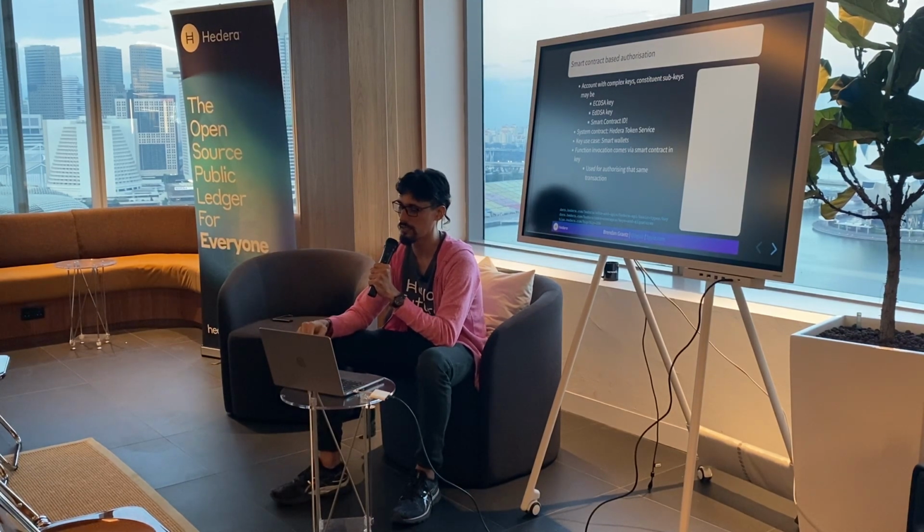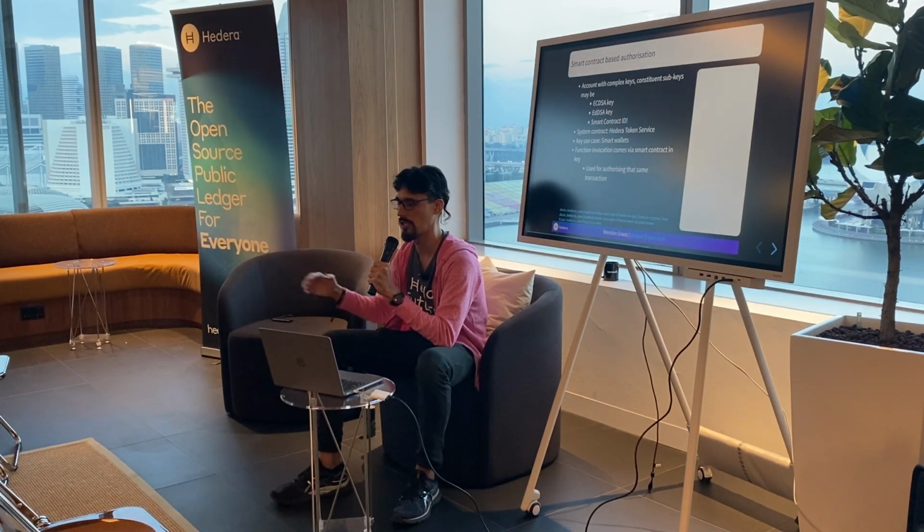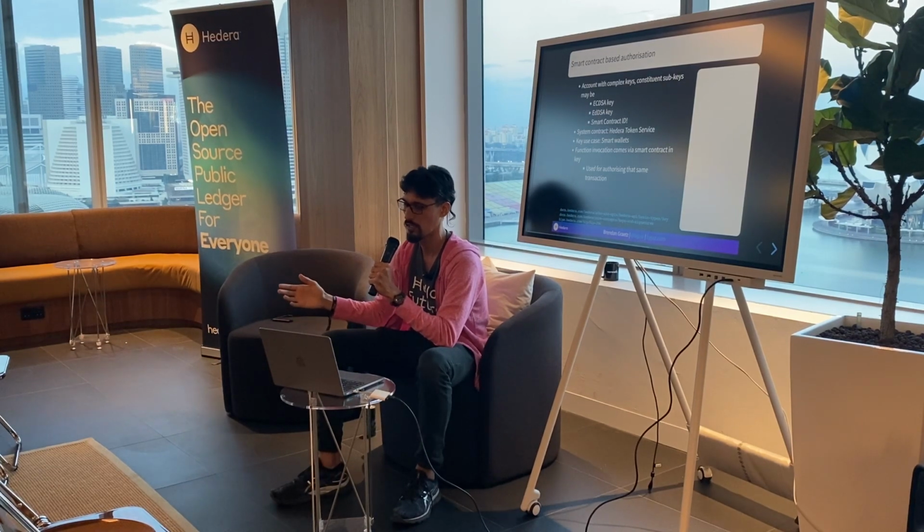Okay, so in this demo, which is just a code walkthrough, we'll have a complex key which includes a smart contract ID, right? And it will interact with one of the system contracts, but the one that is interesting to us, and the one that we will actually interact with, is something called Hedera Token Service, right? So this sidebar again allows you to create and operate fungible and non-fungible tokens, similar to ERC20s and 721s, without actually writing or deploying any smart contract.